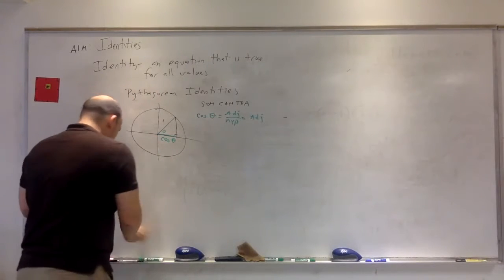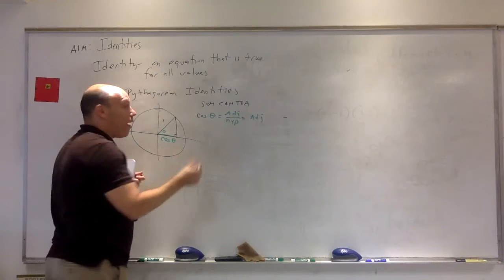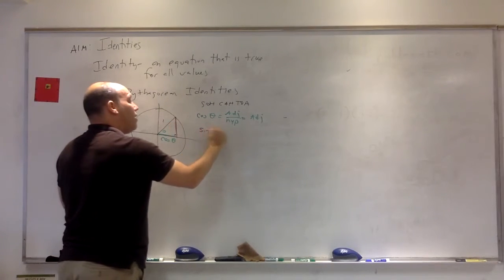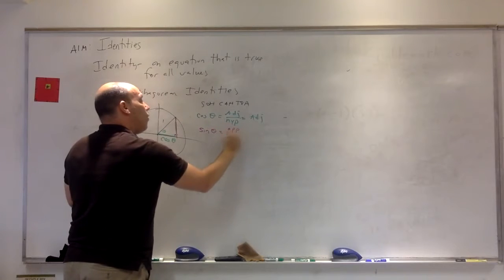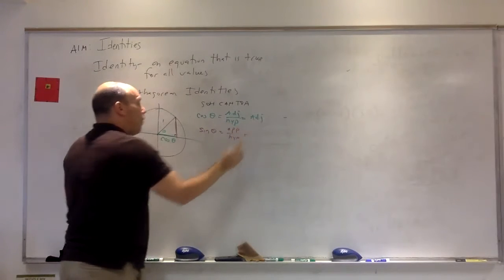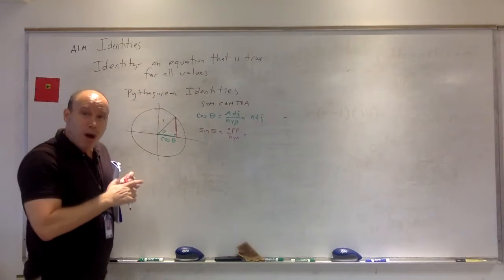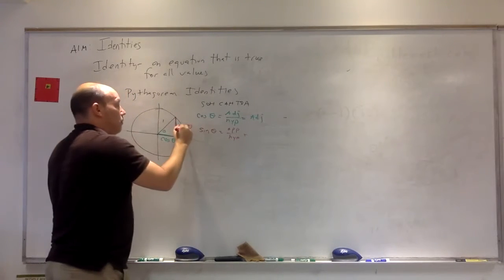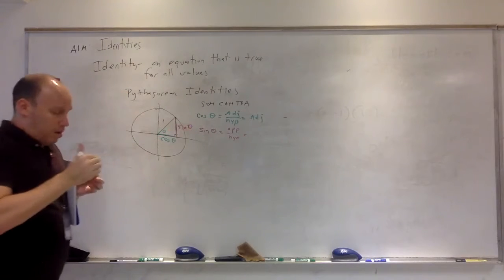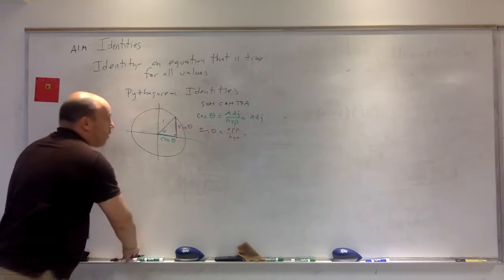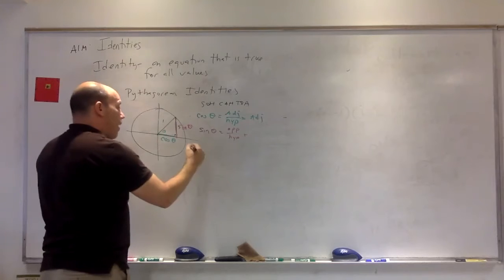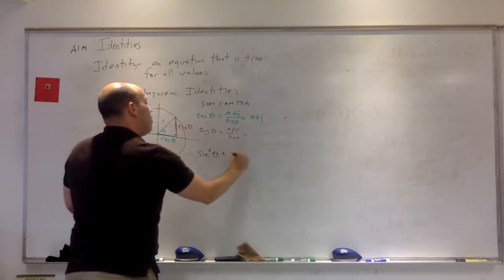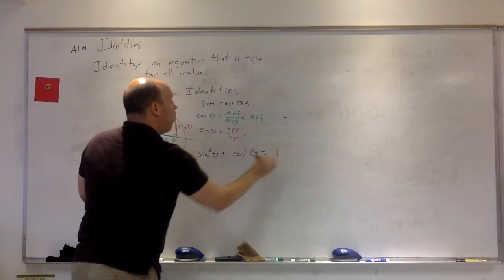And you'll see that no matter what you put in on your calculator, it works. Quick thing, this is a notation. Sine squared theta represents sine of theta, squared. So if I ask you to evaluate sine squared of 30 degrees, what this represents is the sine of 30, squared.